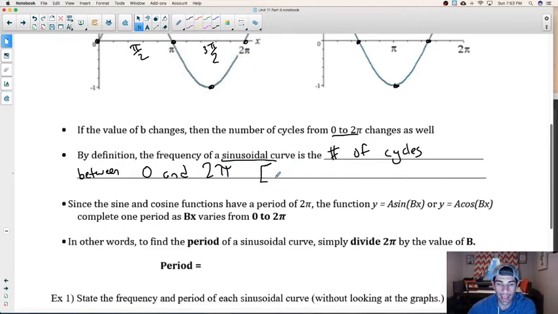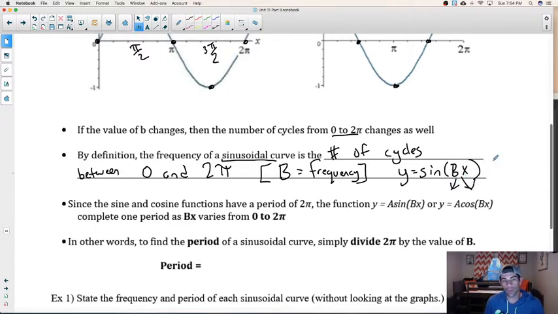And that happened at the b value. So b is going to be the frequency. Again, we're using sine, but it could say cosine too: sine bx.